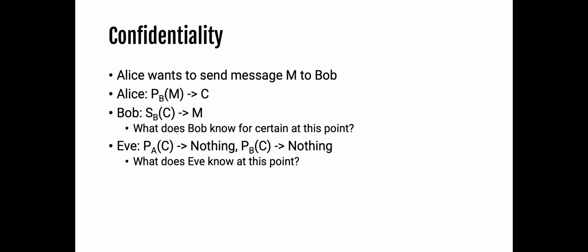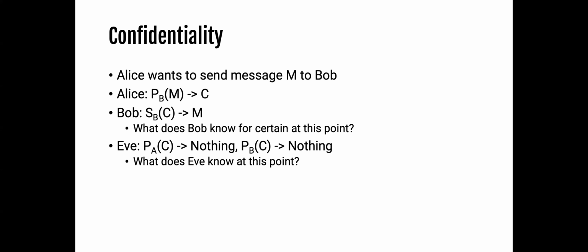Now suppose there is a third person, Eve, or Evil. Eve knows the public key of Alice and the public key of Bob. The question is, can Eve decrypt the ciphertext using any of those public keys? No, exactly.